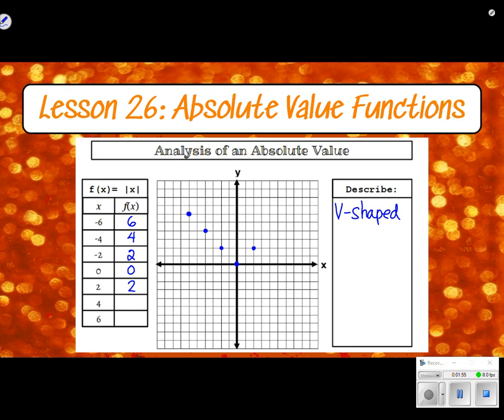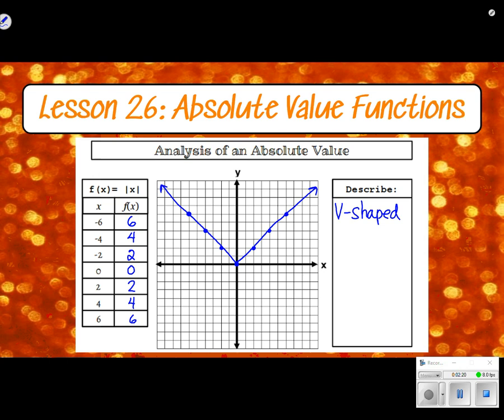Absolute value of 4 is 4, and we're going to have these V-shapes, 6, 6. These are going to be graphed precisely, so I want to see lots of points and lots of lines with arrows. And that is our parent function.